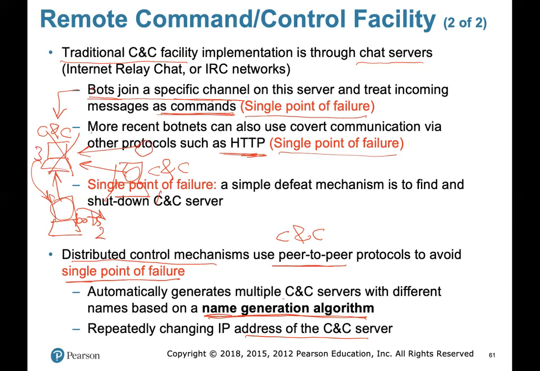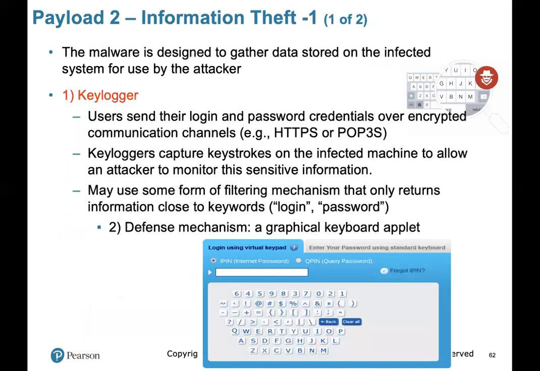Again, these two are example mechanisms that modern bots and botnets use just in order to avoid having a single point of failure, which means that it's going to be more difficult to detect or prevent such types of bots and botnets.